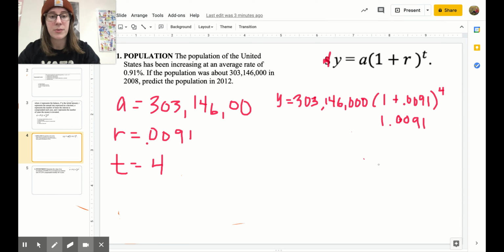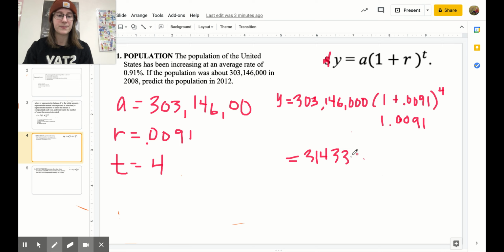So 303 million, power of 4. And that should get me to 313,205,1.4.